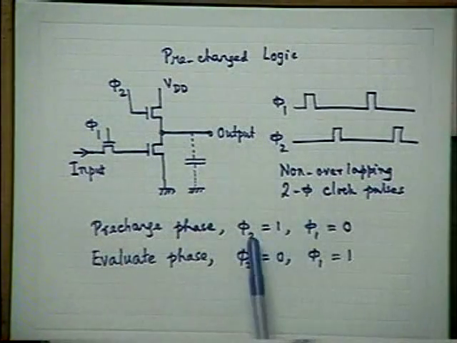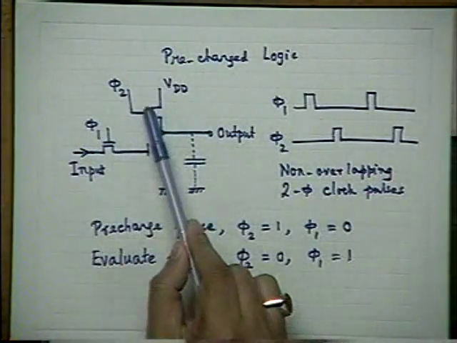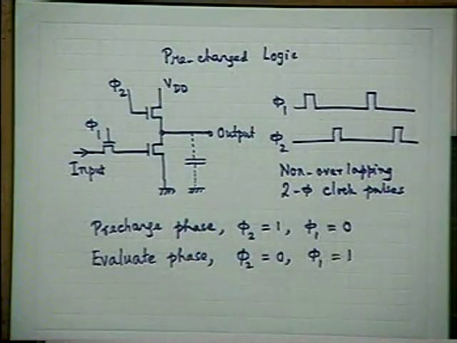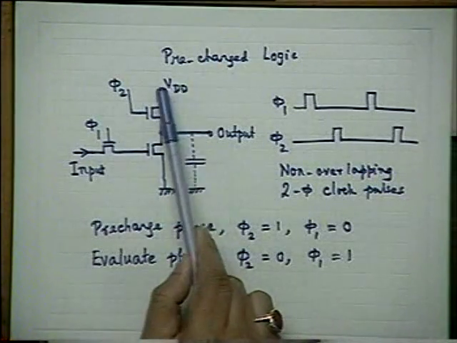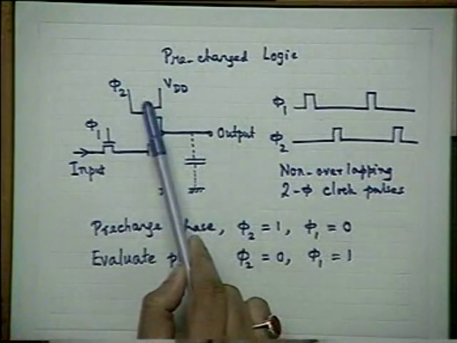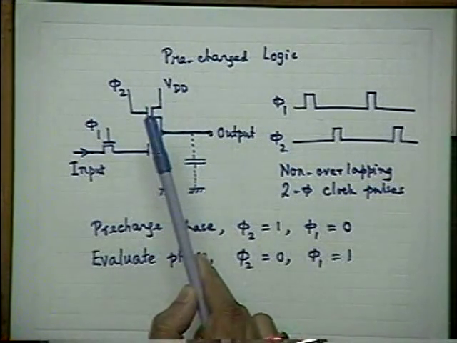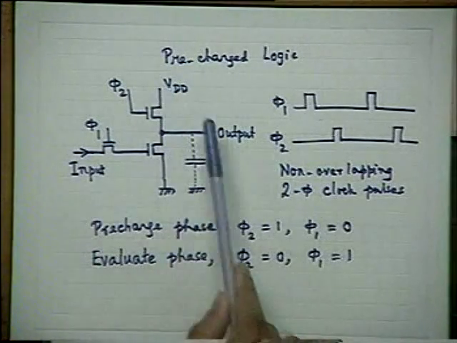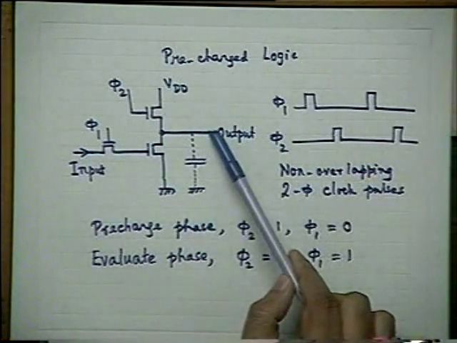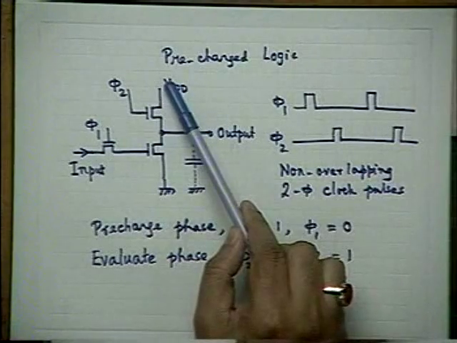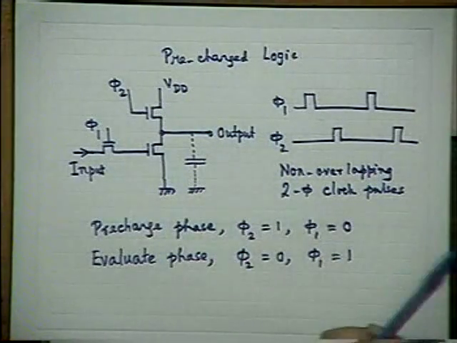And then, as you make phi 2 high, this transistor is on, and you can arrange it in such a way that phi 2 magnitude is a little bit more than VDD, so that this remains in strong linear region instead of saturation. If phi 2 and VDD are the same, as you know, the output will not be charged fully to VDD, rather it will be charged to VDD minus VT.